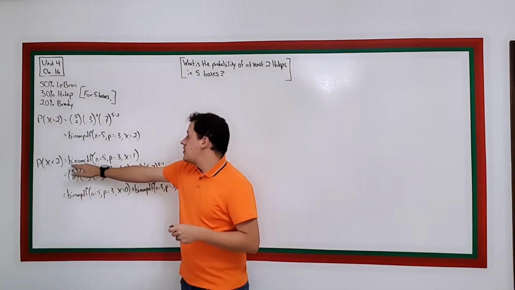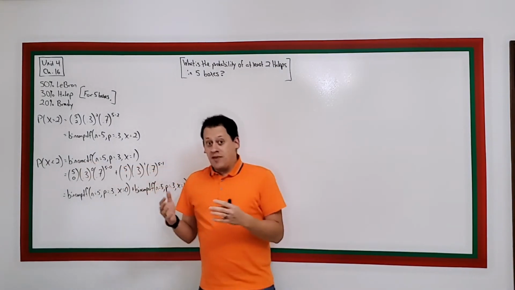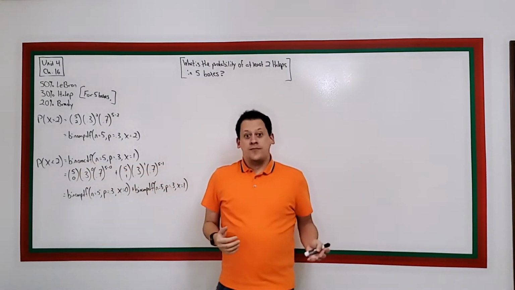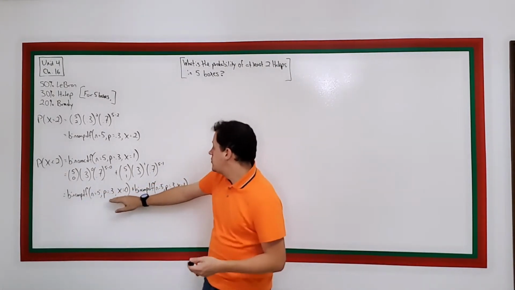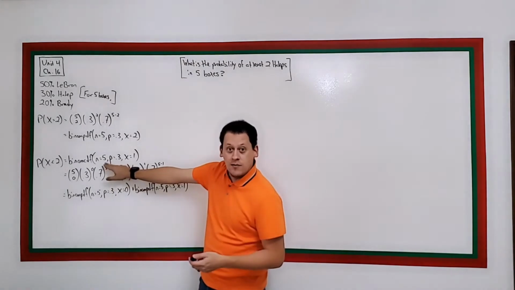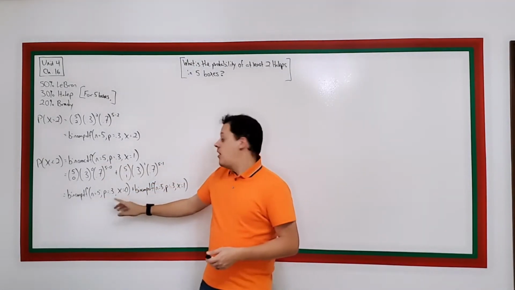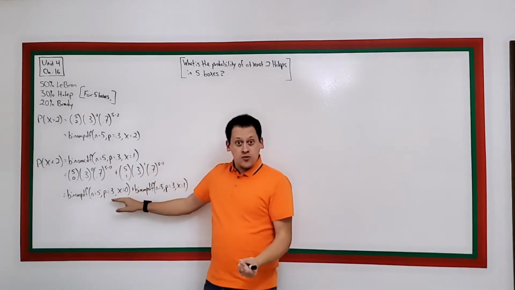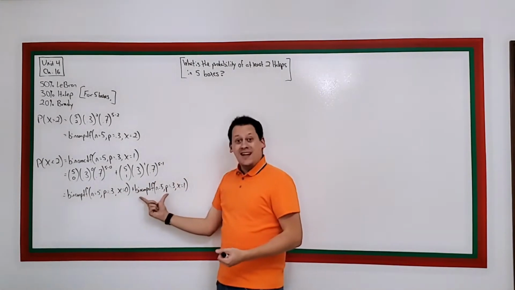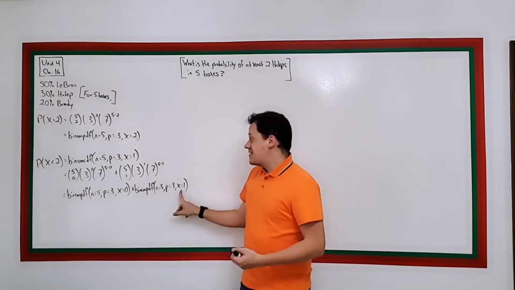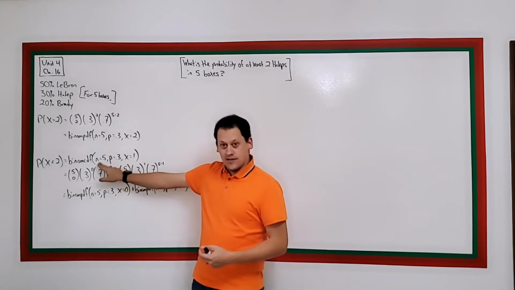I also wanted to show that binomcdf, all it's really doing is taking binompdfs and adding them up. So if you were to type in this, which is exactly the same as the binomcdf, but you're using pdf with 0, enter that in, get your probability, and then add that to doing binompdf again, but with x equal to 1, the sum of these two is going to be equal to this one.